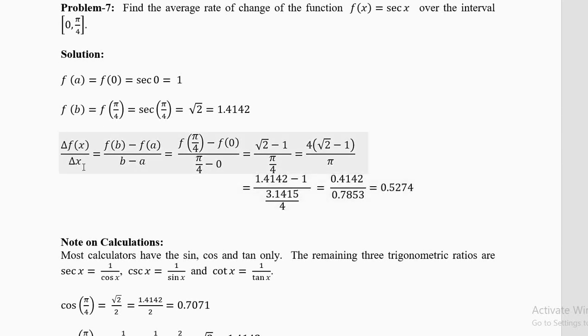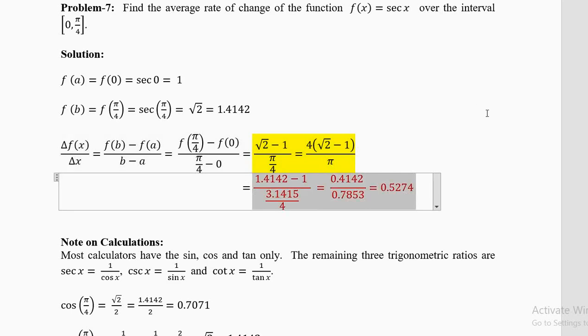Now delta f by delta x is f of b minus f of a divided by b minus a, second minus first. So you have root 2 minus 1 divided by pi by 4. Now you can continue the calculation like this, or you can continue like this. Use whichever method you want. So you can calculate like the yellow or like the red.